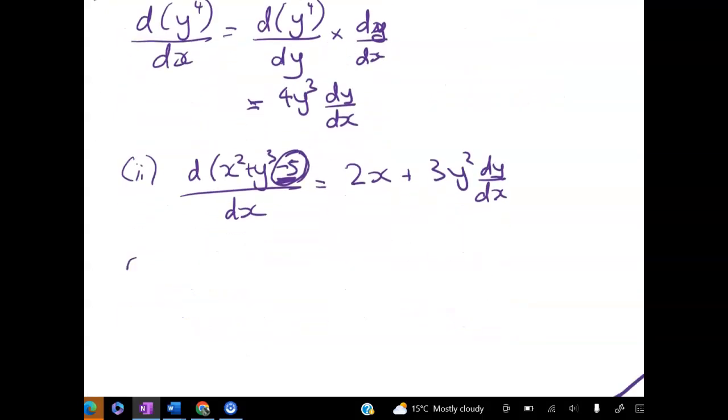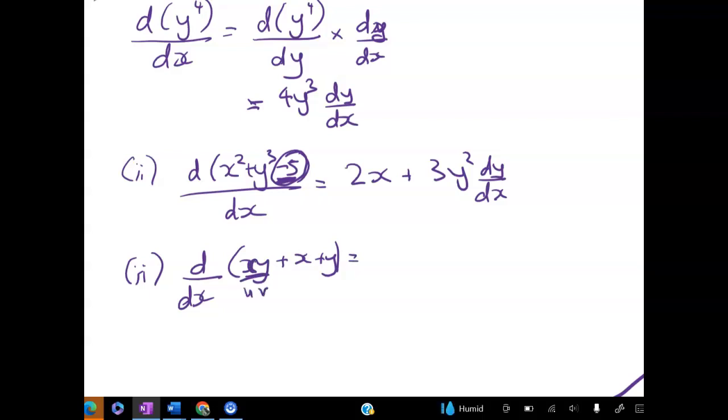Right, the next one is the first one where we have to use the product rule. So we want to differentiate xy plus x plus y with respect to x. Treat this as u times v. So the first bit is x here, and then when I differentiate y with respect to x, it's going to be dy by dx.